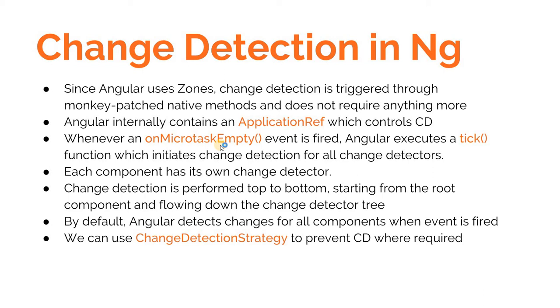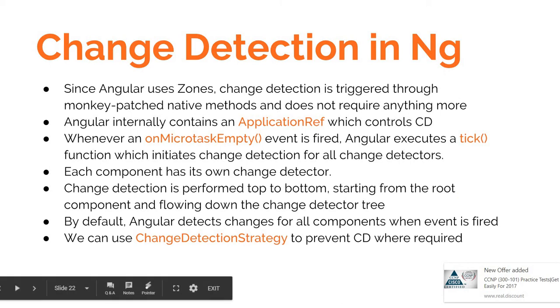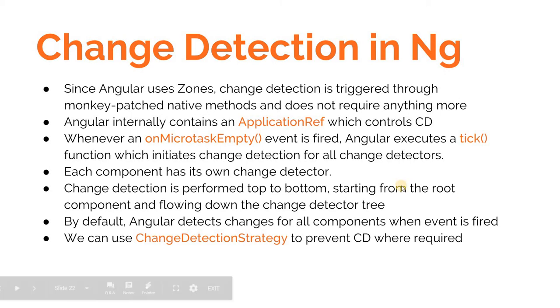mechanism. Now, every component that we have in Angular has its own change detector reference that you can have access to using the ChangeDetectorRef dependency that can be injected inside your component. Okay, and then you can also change the change detection strategy. By default, it's default.